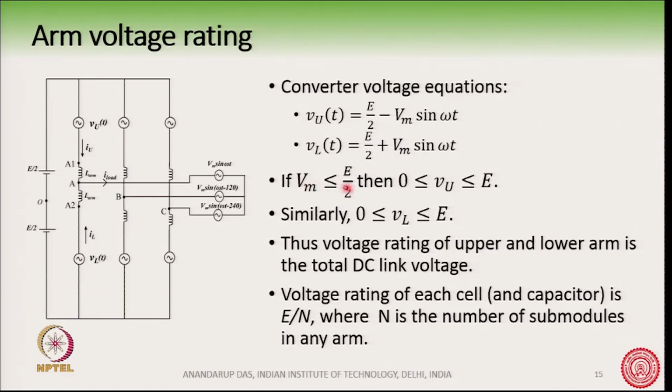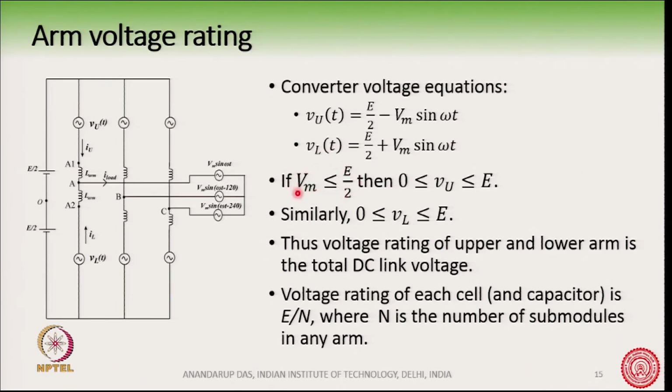Now, if V m is less than or equal to E by 2, this is the most common type of operation, for example when you are converting from AC to DC, that is in HVDC. For HVDC application, V m is usually less than or equal to E by 2.